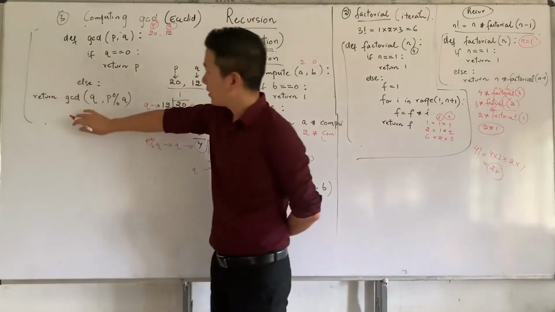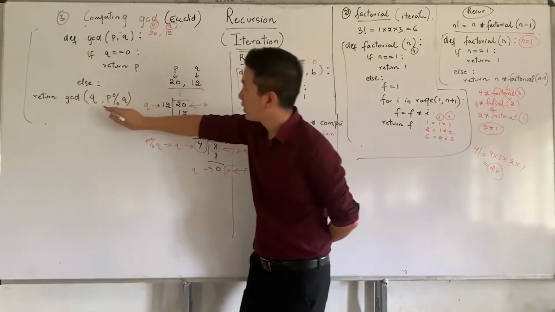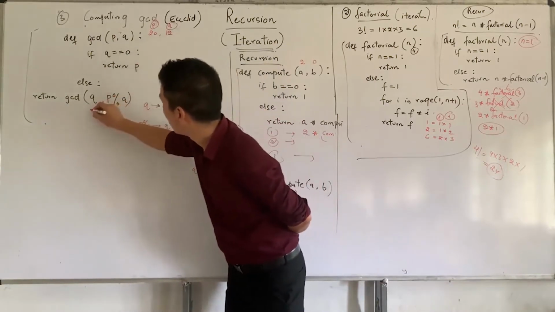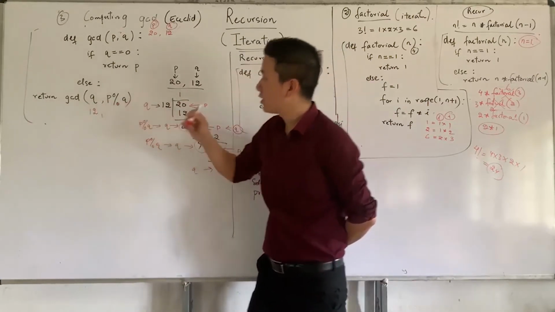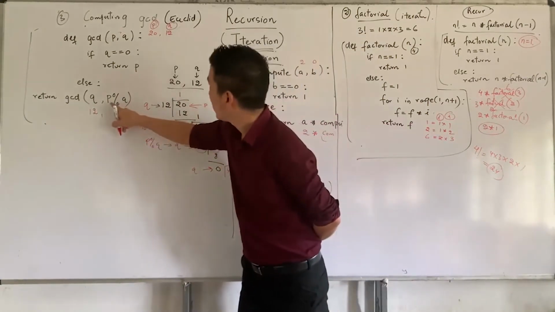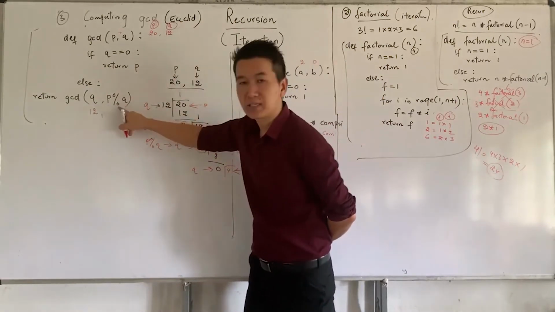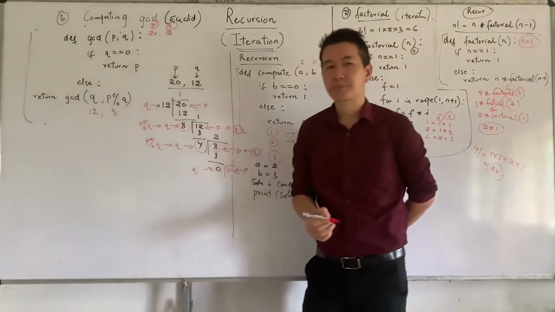What happens here is return, you have another call of the function. The value of Q is 12, and P modulus Q is 20 divided by 12. This is the remainder operator, and you will get the answer as 8.